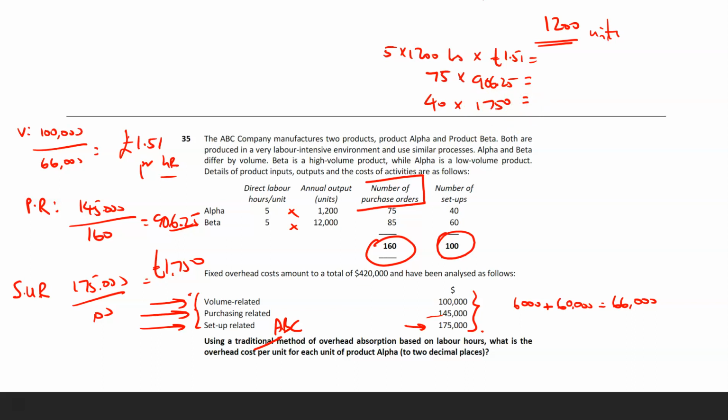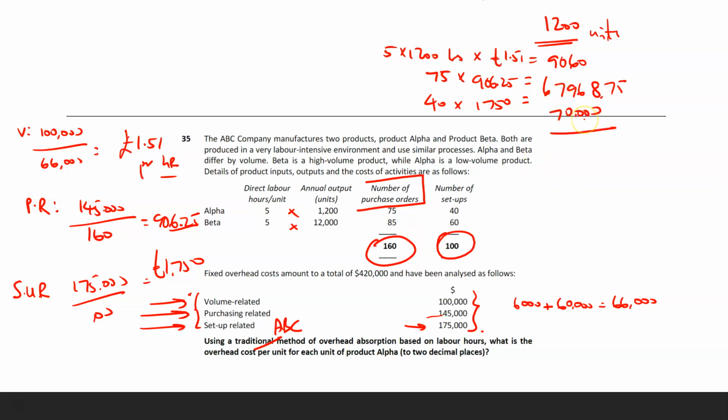5 times 1,200 times £1.51 gives us 9,060. 75 times 906.25 gives us 67,968.75. You have to do the whole thing as a whole because you want to know what's going on per unit, but you need to get all the overheads in there. Then 40 times 1,750 is 70,000.